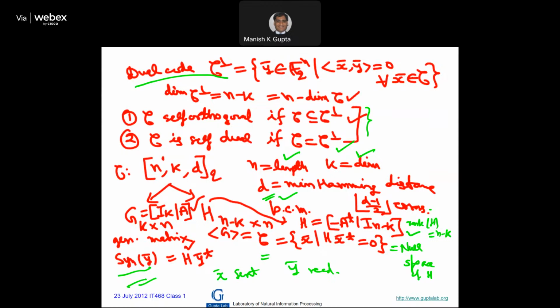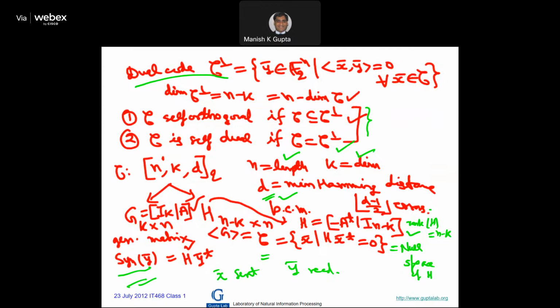In our example, n is 4, k is 2. So n minus k is what? 2. So this matrix will be I2. And then minus A transpose: whatever is here, take minus of it and take the transpose. Minus 1 is the same thing as plus 1 because it's modulo 2, Z2. So we are actually left with A transpose.